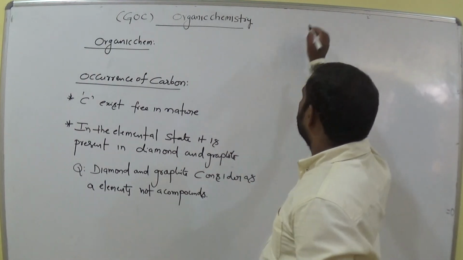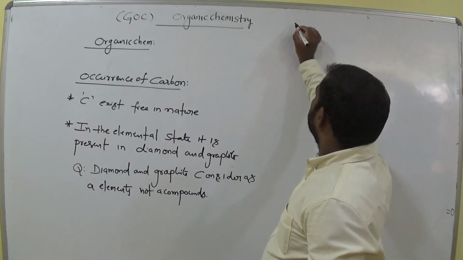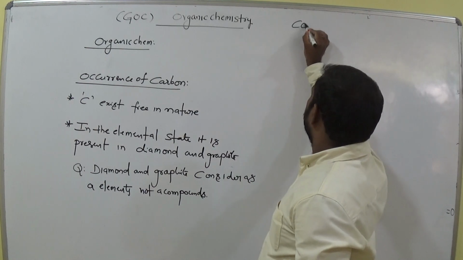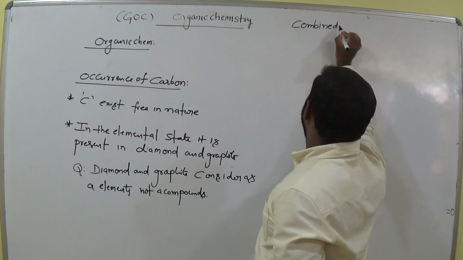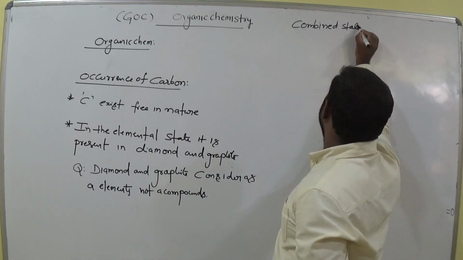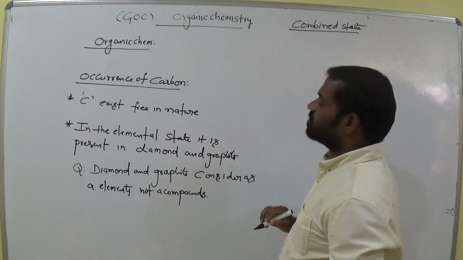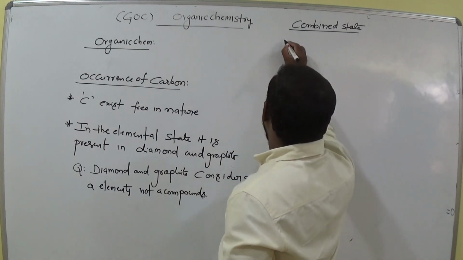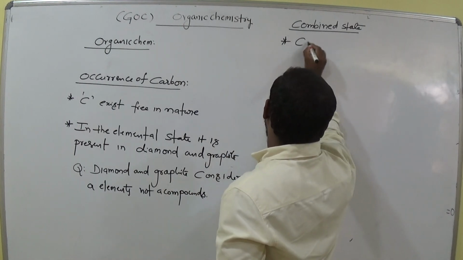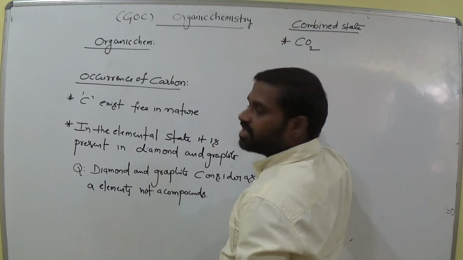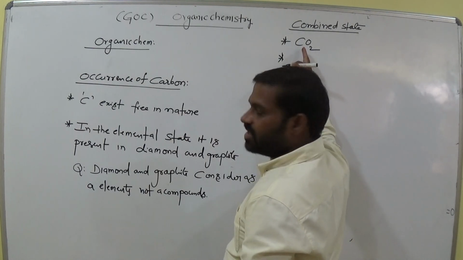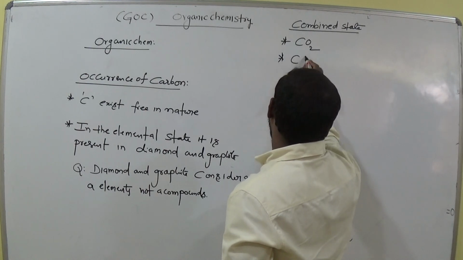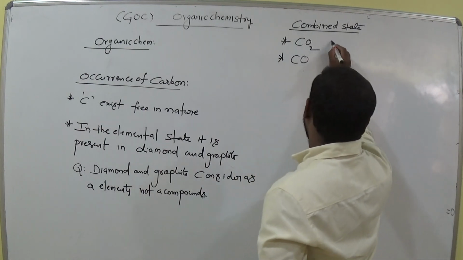Okay. Now let's see the occurrence in the combined state. So carbon is available in the form of CO2, carbon dioxide, am I right? And is carbon there or not? Yes, in the form of carbon dioxide it is available. And carbon monoxide.